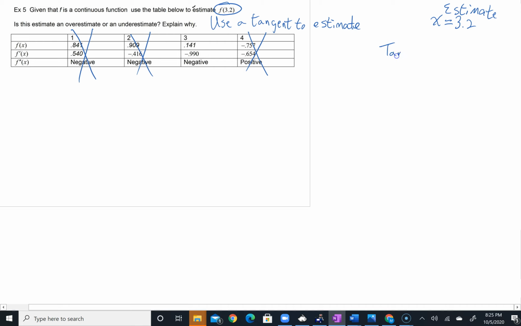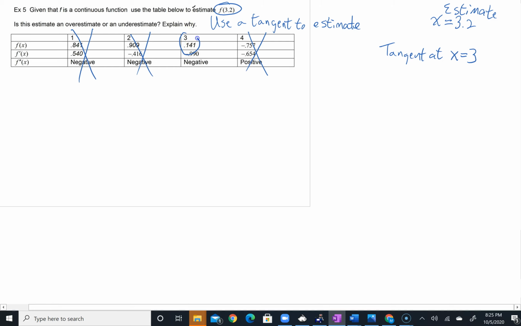We're going to have a tangent at x equals 3. Remember, that's what we were doing last chapter. We were getting a tangent line at a particular x value, then we'd slide over a little bit. We could actually get bigger or smaller and get an estimate for a function.